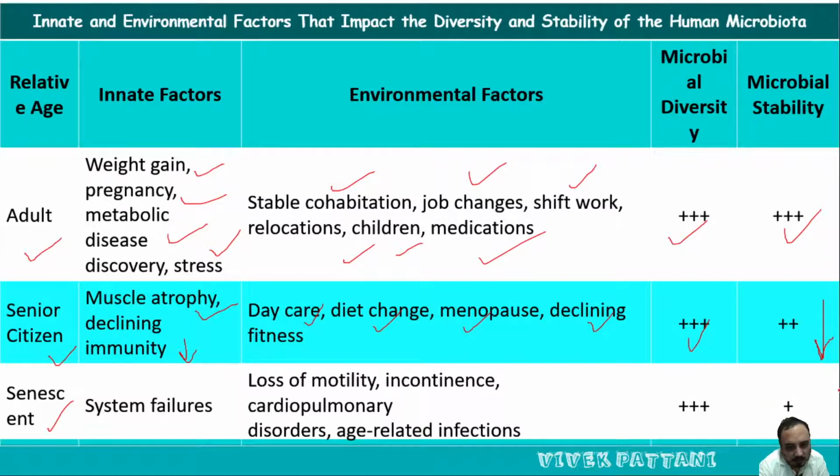Again in this case there will be lower stability of microbes, and still the microbial diversity will be maintained. But the main problem is that the diversity will change. The diversity of the microbes will change in these scenarios.